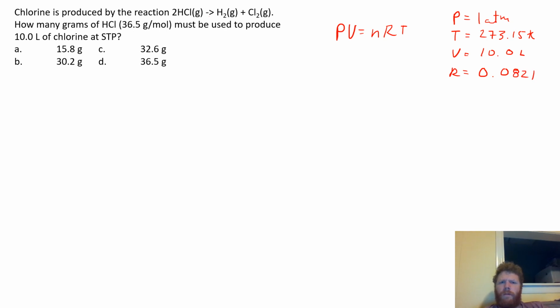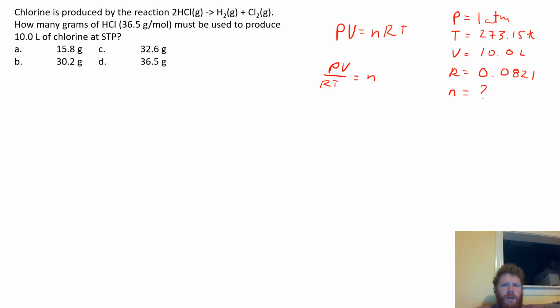Now we want to look at our n value as what we want to solve for. We also need to refer to our balanced chemical reaction. So we want to rearrange this equation to isolate n. So PV over RT equals n.